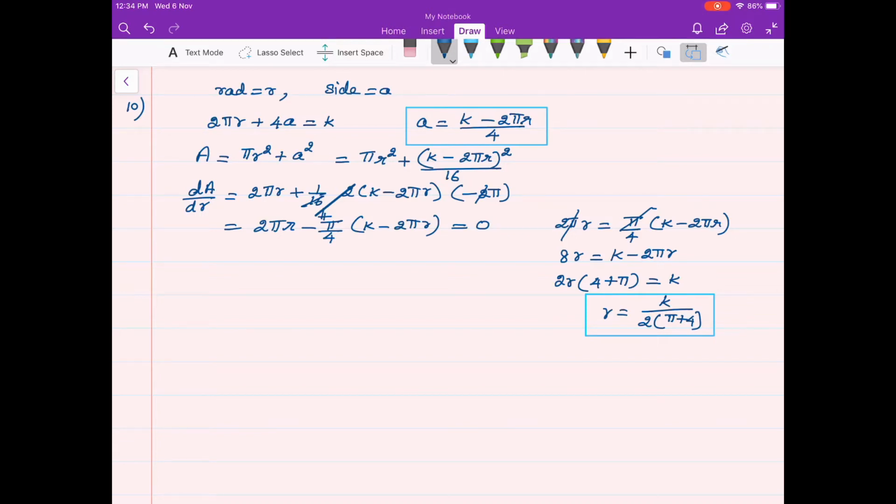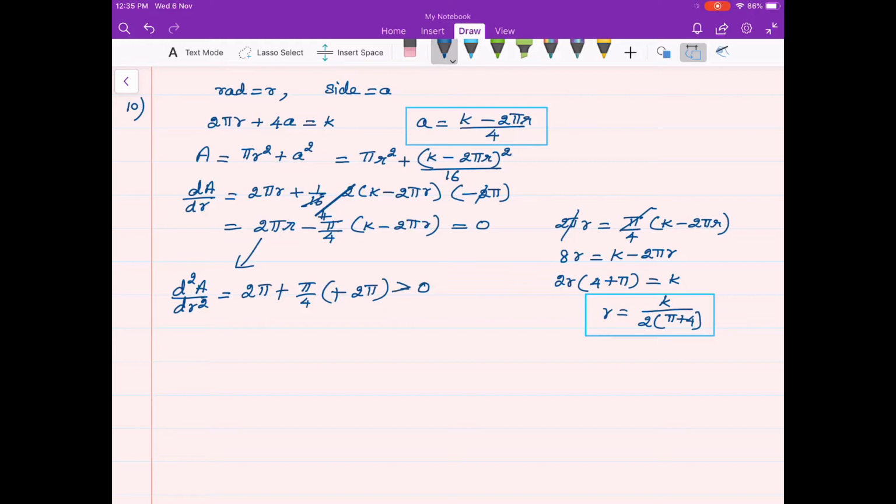Now, let us do the second derivative test. d²A/dr² is equal to, we will differentiate this step, which is 2π minus π by 4 times k is a constant, derivative is 0, and minus 2π. Minus of minus becomes plus. All are positive quantities.